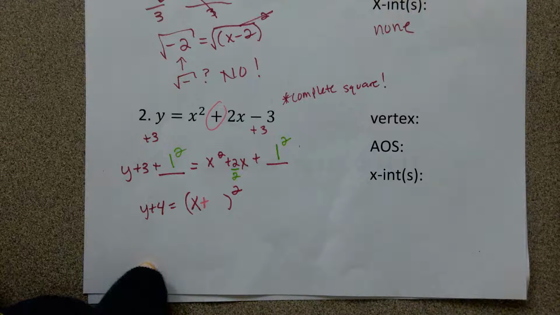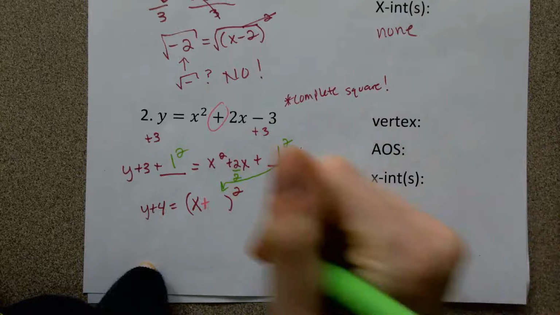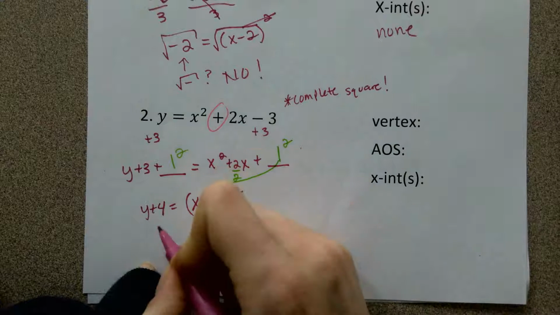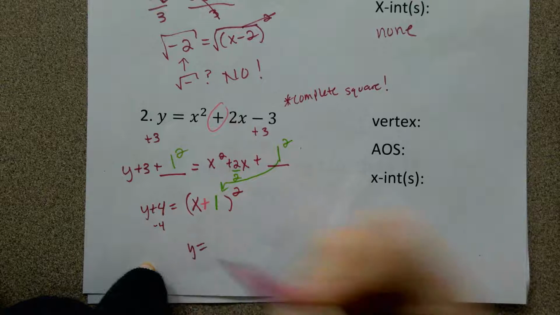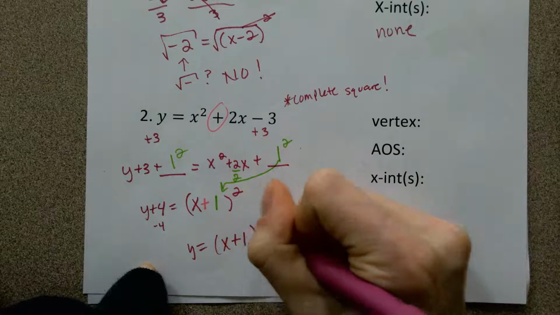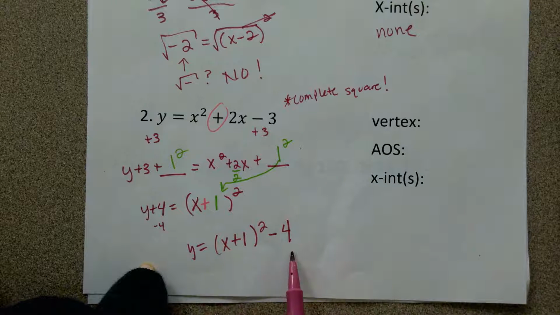And this number here, our 1, whatever that number is, just moves down and comes here. So then we have to subtract that 4 back over to get y by itself. Well, y equals x plus 1 squared minus 4. And that is our standard vertex form.